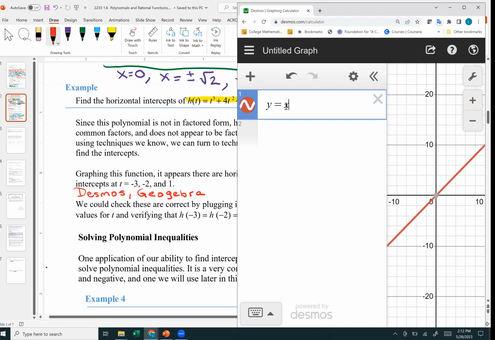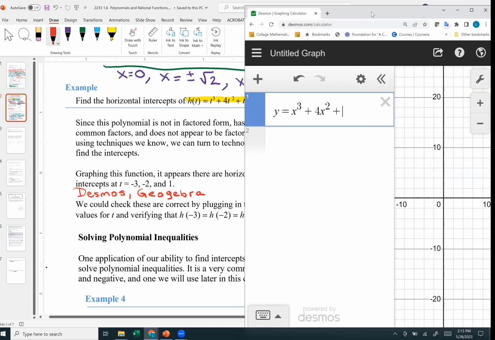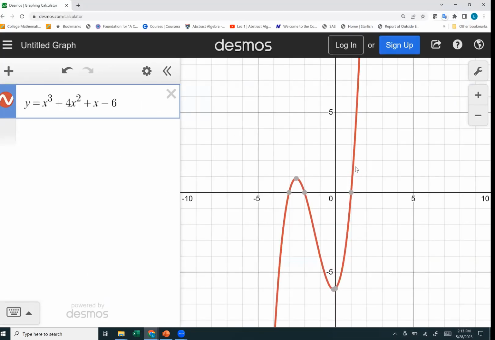So we'll say x, I'm pressing shift 6, which gives me an exponent, and that exponent is 3, plus 4x to the second power. And then plus x minus 6.